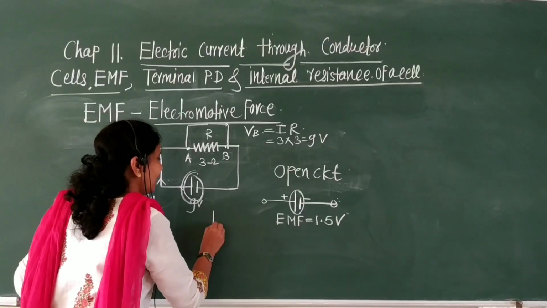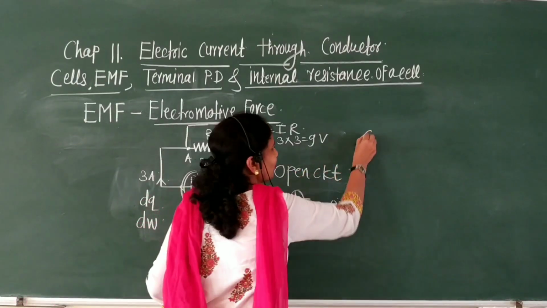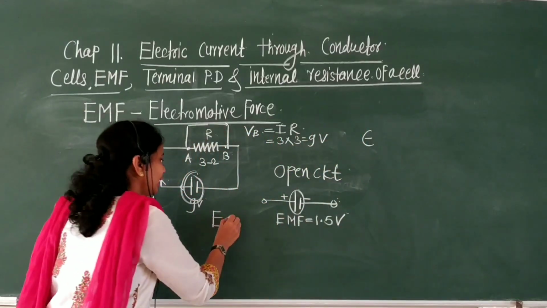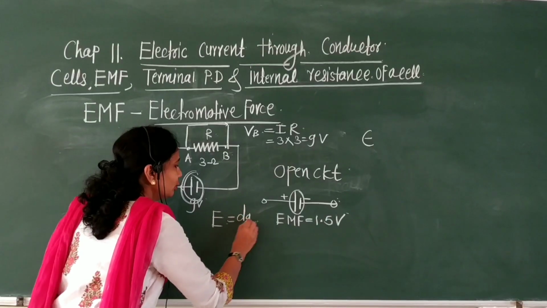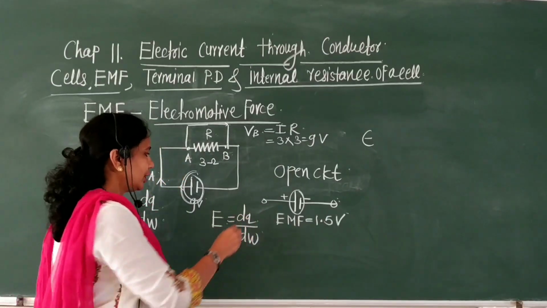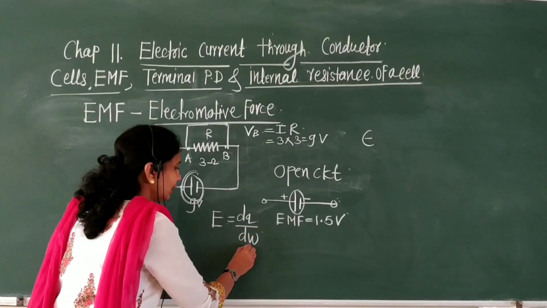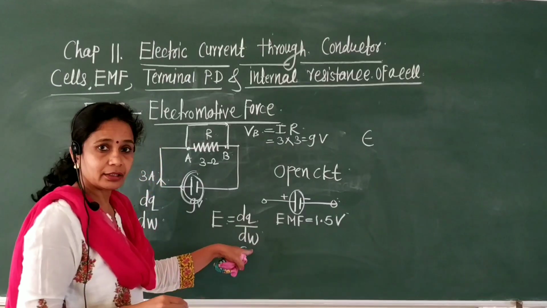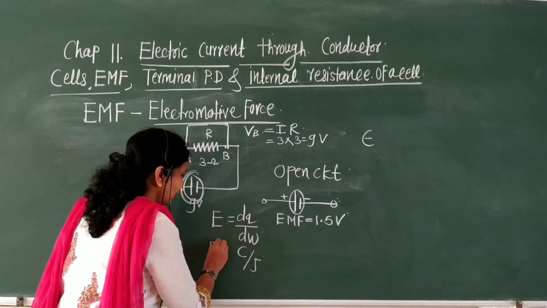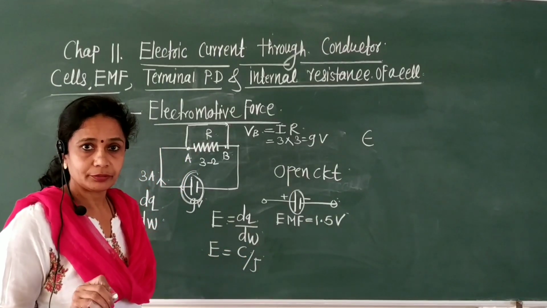Then this EMF, which is represented by the letter E or this symbol, is E equal to dW upon dq. Here dq, the charge, is measured in coulomb, and the work done is measured in joule. Therefore, its SI unit is joule per coulomb.